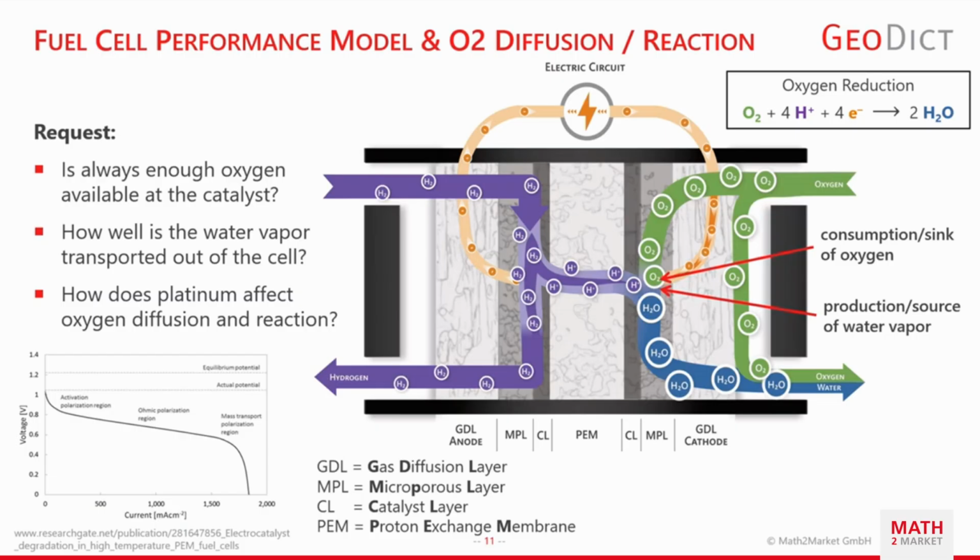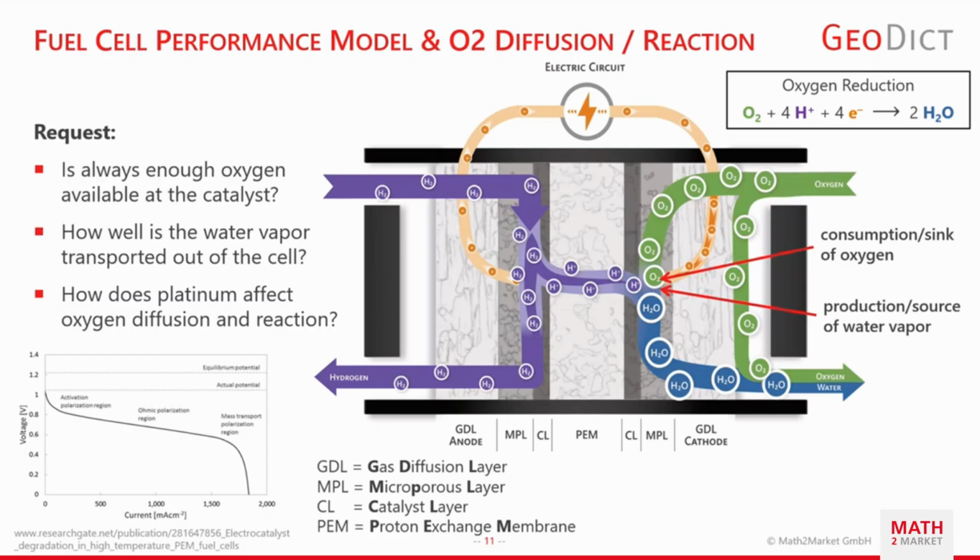And on the cathode side, it will merge together with oxygen through the oxygen reduction to water vapor. For research, it seems that the cathode side is more interesting because here you have water production, and water can condensate, and this makes it much more complicated. And so research happens on the cathode side.